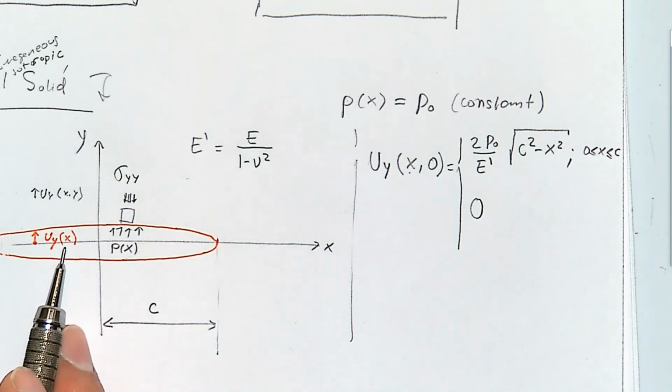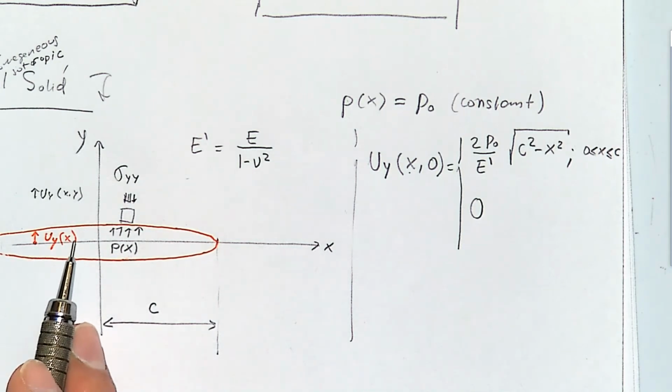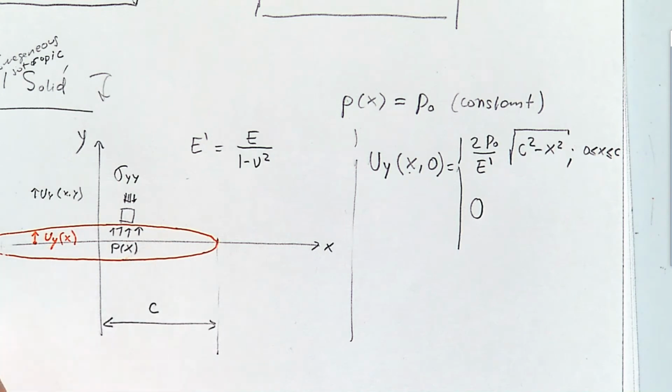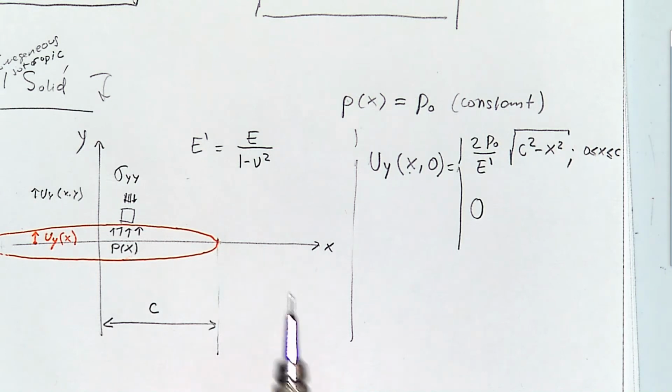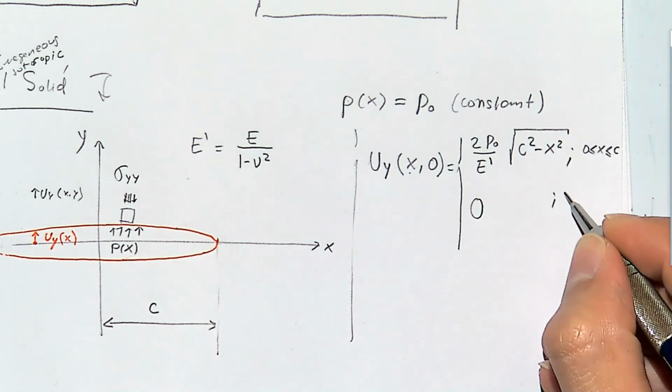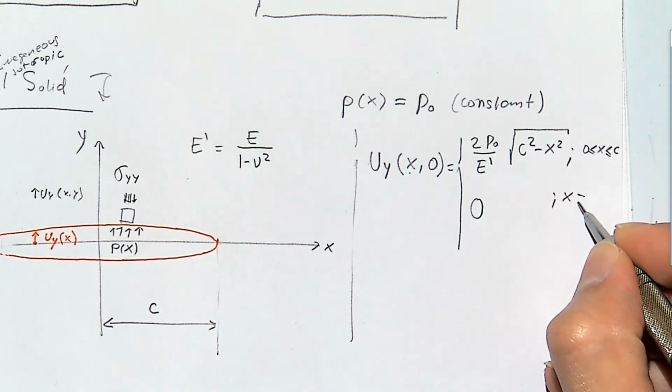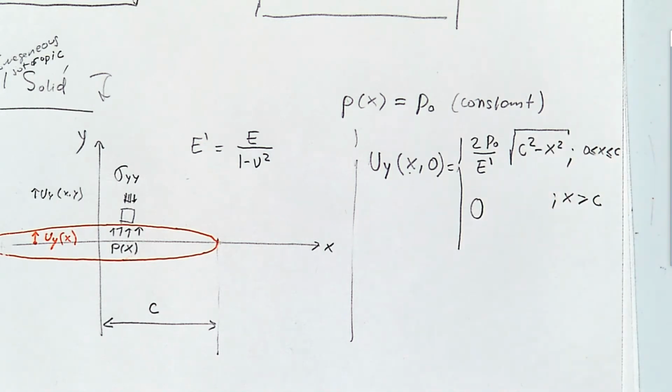And here I just make it equal to x because I'm meaning that y is equal to 0, that means on this line. Okay. And because of the condition of the problem, displacement beyond the tip is going to be equal to 0. So for x equal or larger than c, this is going to be equal to 0.